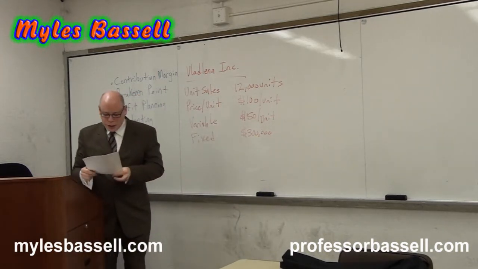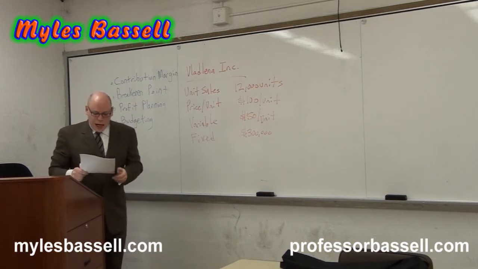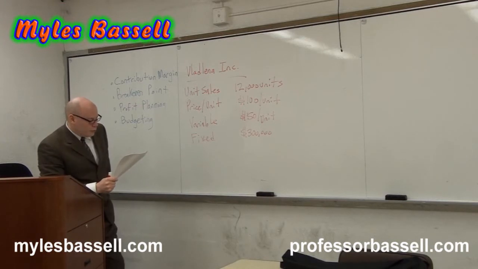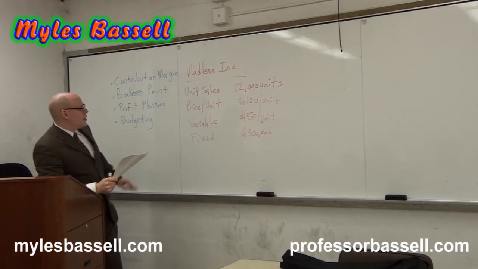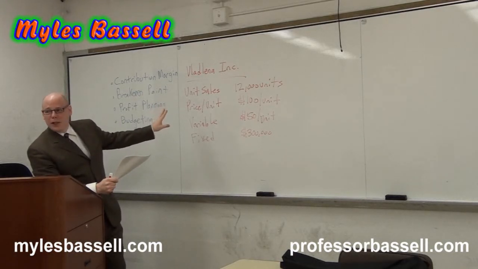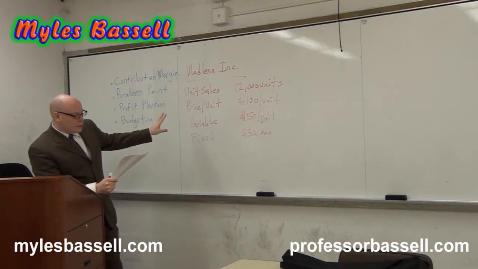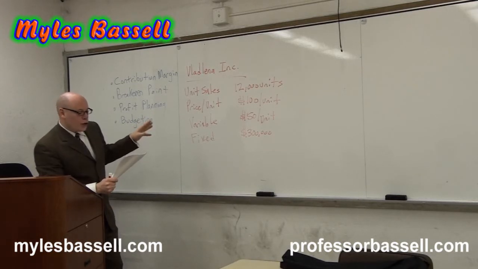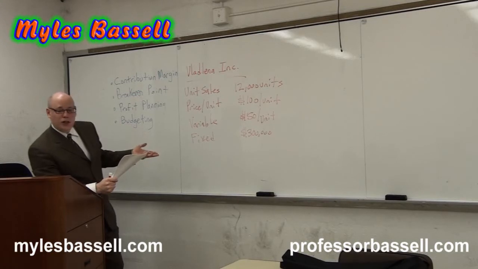All right, so this is the question. If the dollar contribution margin per unit is increased by 10%, total fixed cost is decreased by 20%, and all other factors remain the same, what will happen to net income?